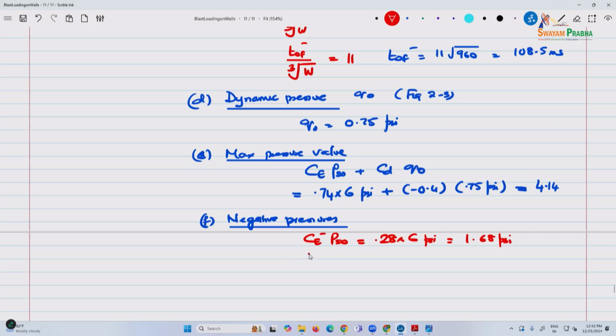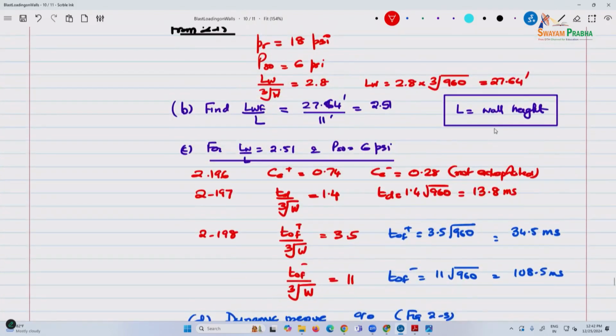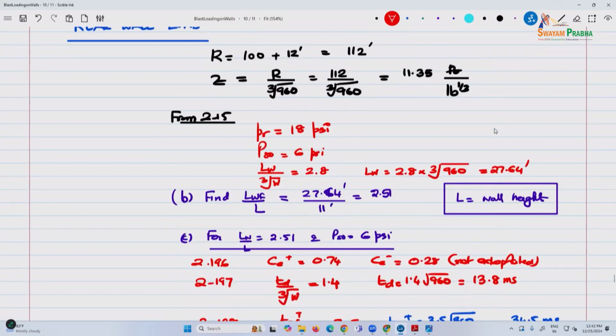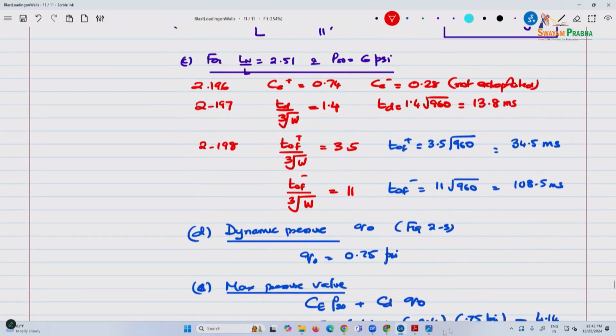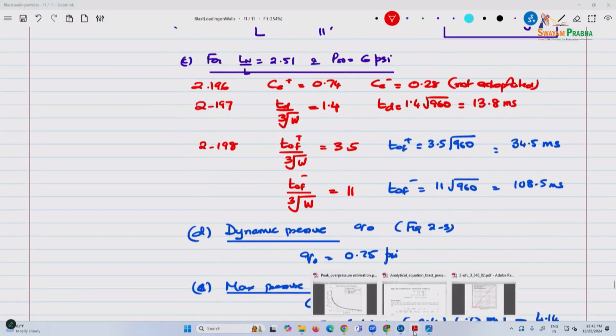So what we now have, TO by cube root of W. This is the duration. Is different now. This is again from figure 2-15. For Z was, what was Z? 11.35.